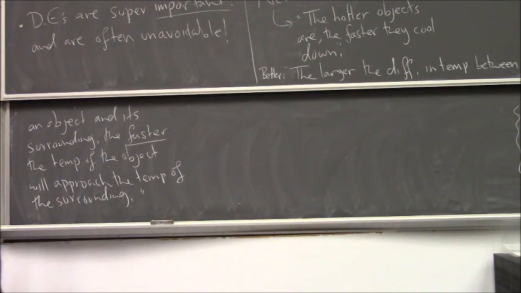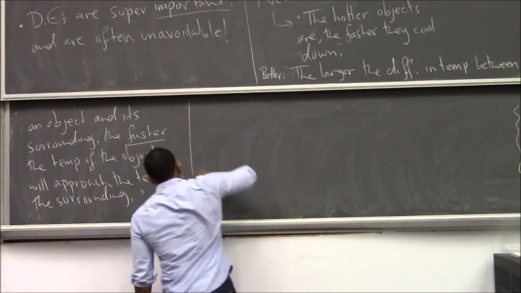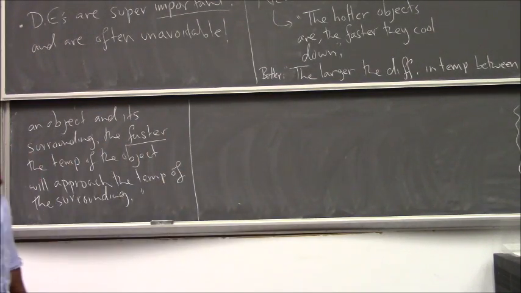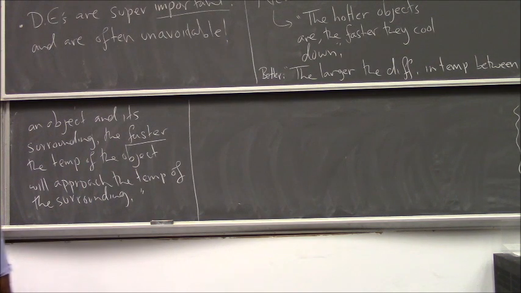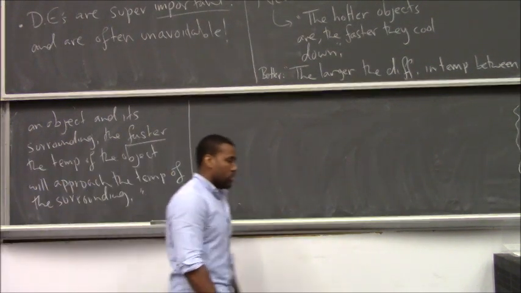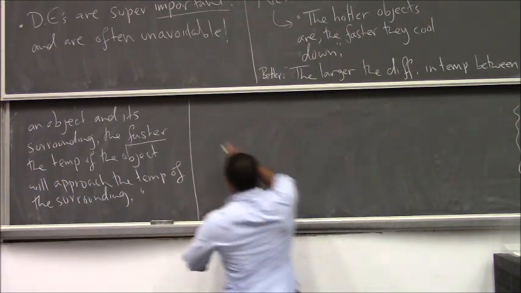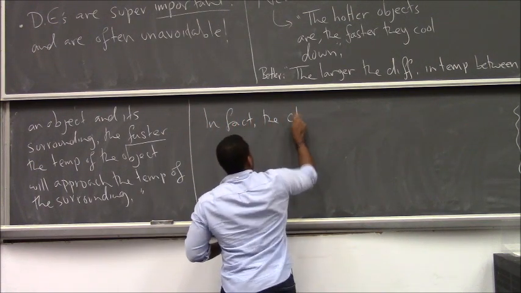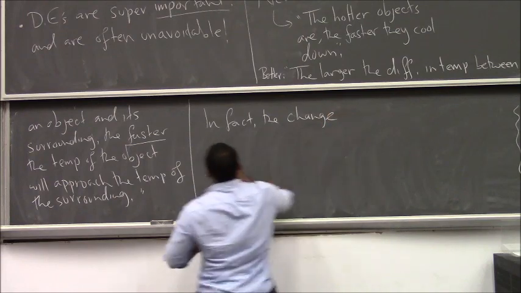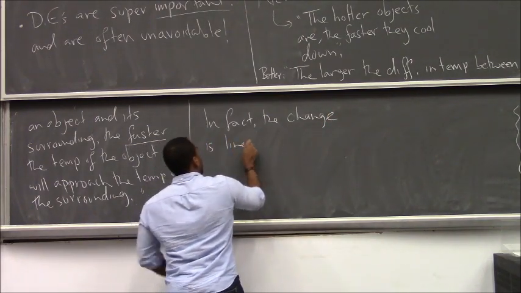He's the guy who packaged calculus for us in much of the way that we use it today. And so we already know one great way to interpret speed, or how fast something is moving, that was a derivative. In fact, the change is linear in proportion.